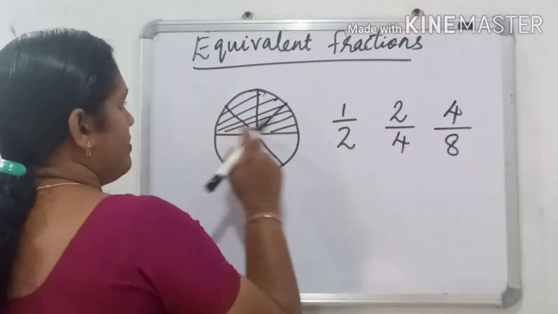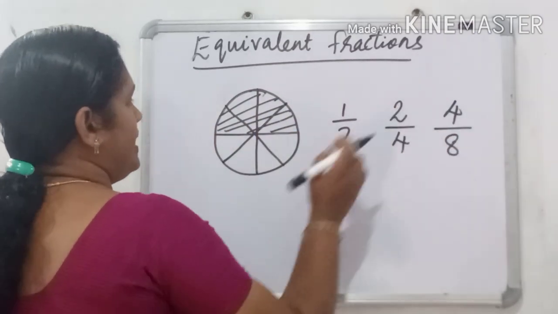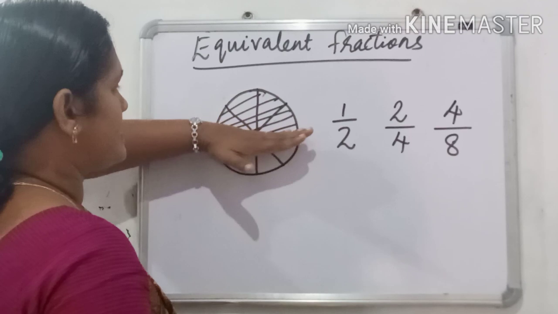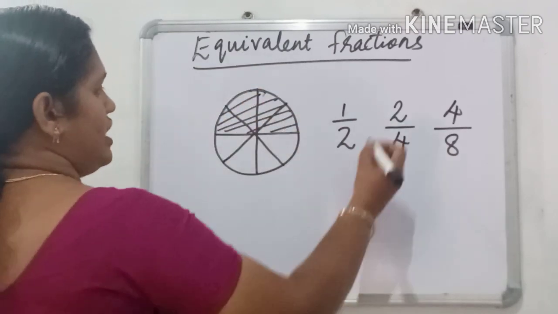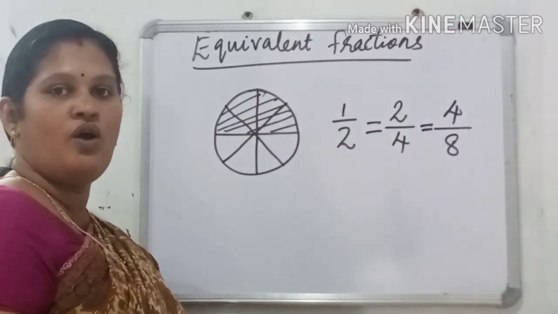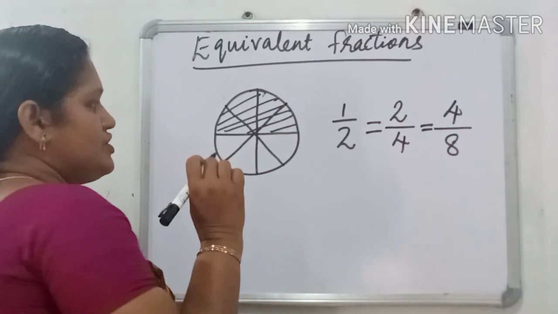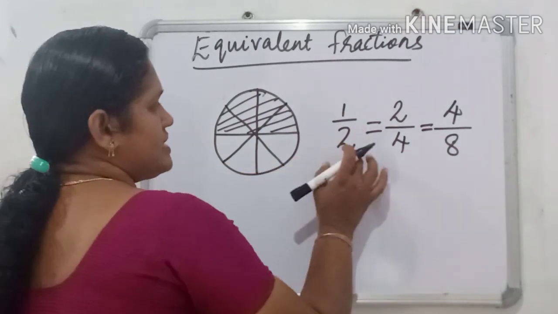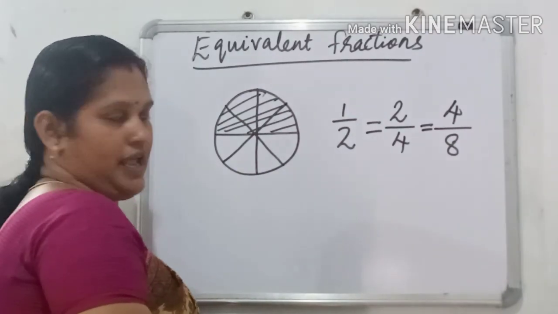Actually this 1 by 2 and 2 by 4 and 4 by 8 represent the same portions, no? All fractions are equal. So these types of fractions are called equivalent fractions.